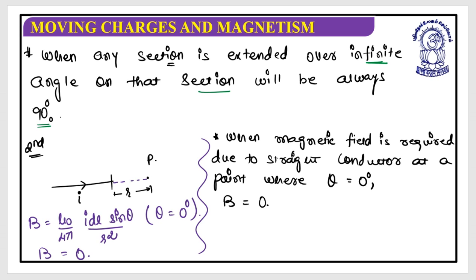This could be represented something like this: let's suppose this is the current carrying conductor and you require the magnetic field at this point. So this is the first case.